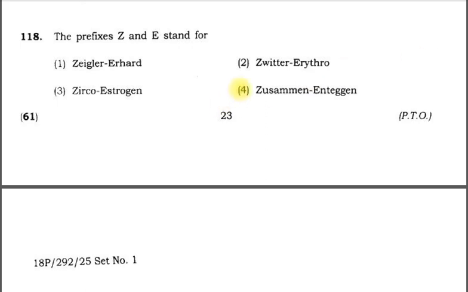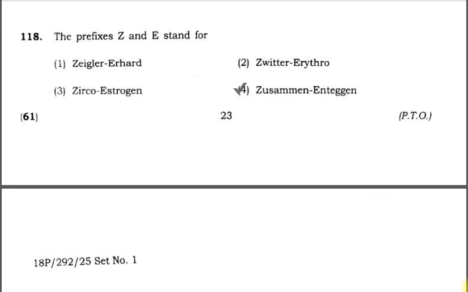It is used in the case of alkenes. If the two priority groups are on the opposite side, it is called E, and if they are on the same side, it is called Z.